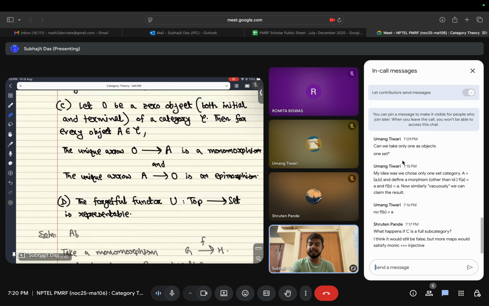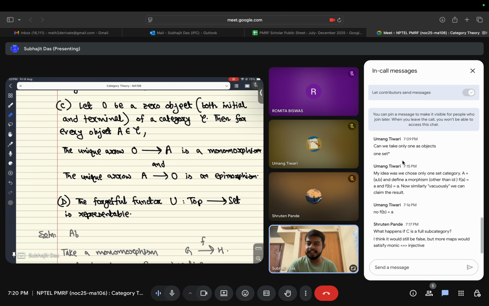Okay, so let's come to the next question. Let 0 be a zero object of your category. We have already defined what it is: an object which is both initial as well as terminal. You have studied initial and terminal objects, and in the next week you will study something more general which subsumes their universal properties, called limits and colimits.